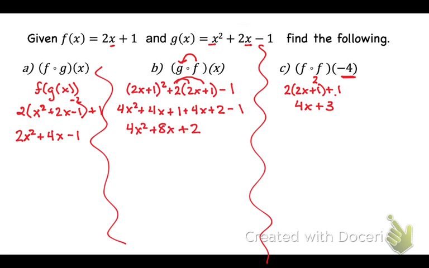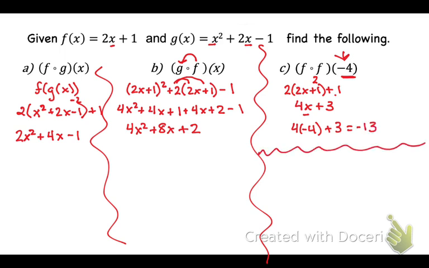Oh yeah, I accidentally added the 4. How are you getting 5? Okay, so now we change our x into what? Negative 4. So it would be 4 times negative 4 plus 3. So negative 16 plus 3 would be negative 13.